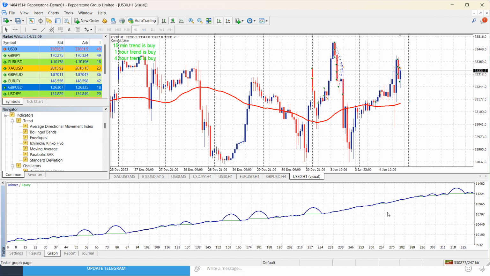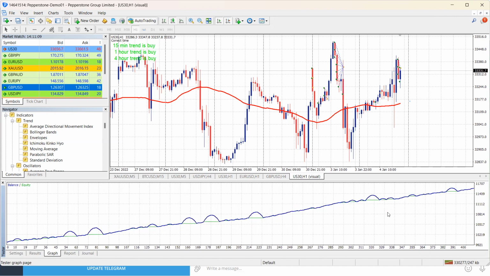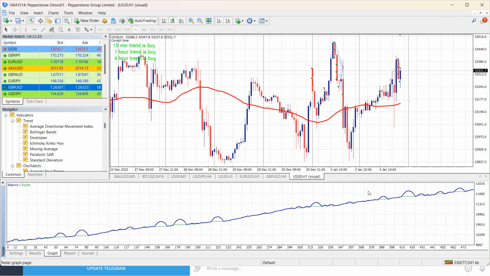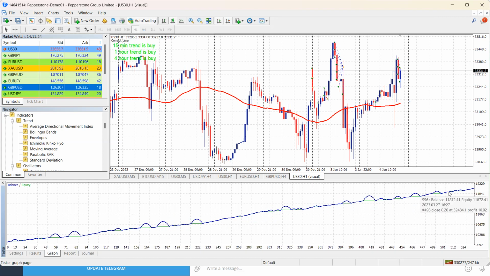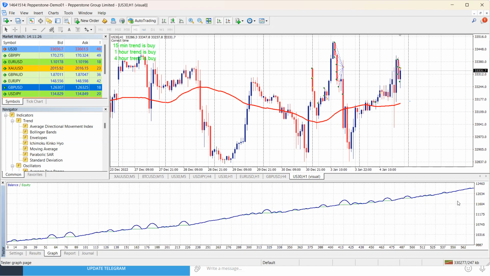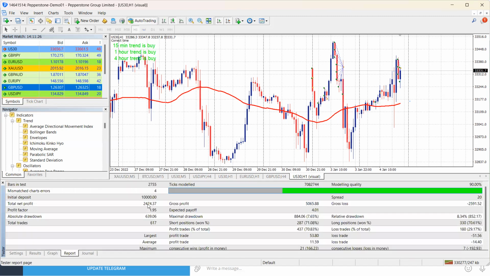It's got an equity protection feature. So not necessarily my favourite type of EA, but for a lot of people, they prefer it because you very rarely take a loss. But when you do, it's a bigger one. That's the trade-off. So we've made 24% profit and incurred 7% drawdown. So that's over 7% per month, but 7% drawdown.